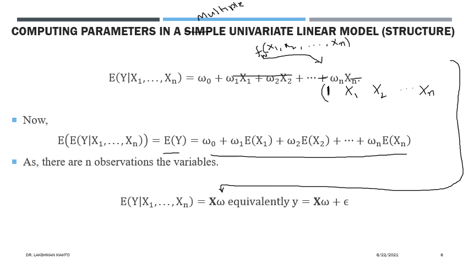And if you do a dot product of this with omega, what is omega? Omega is again a column vector with n plus 1 components. The first entry is omega naught, the second entry is omega 1, the third entry is omega 2, and the n plus 1th entry would be omega n. So omega is an n plus 1 vector.